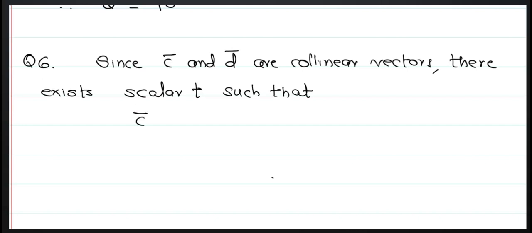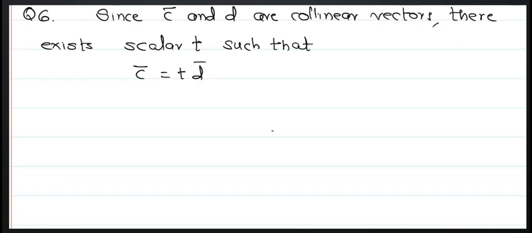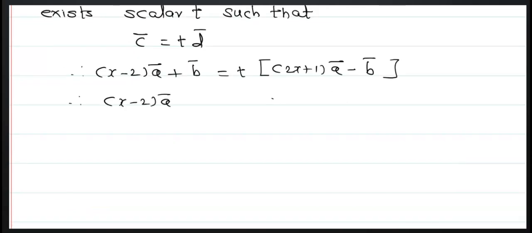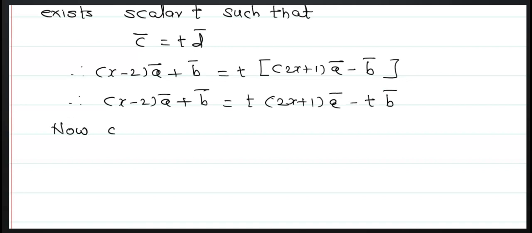That is, there is a scalar t such that c bar is equal to t into d bar. (x minus 2) a bar plus b bar is equal to t times (2x plus 1) a bar minus t b bar.